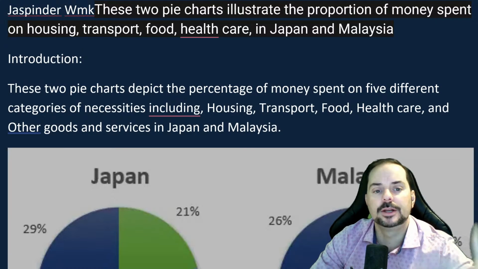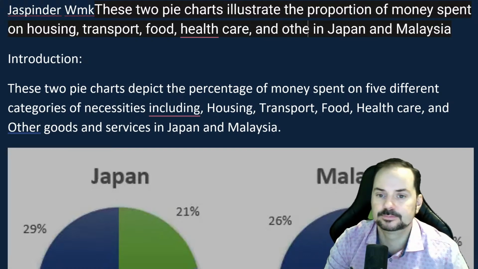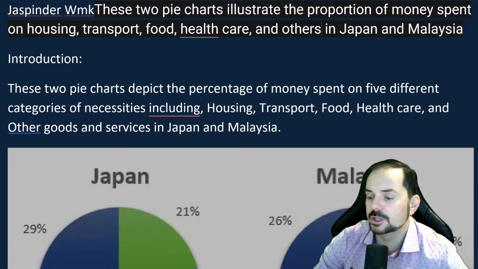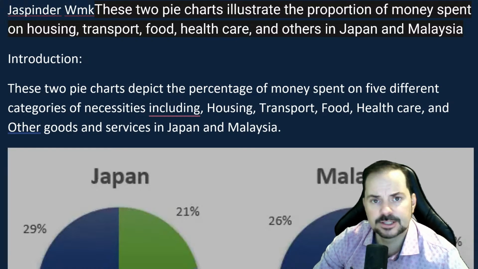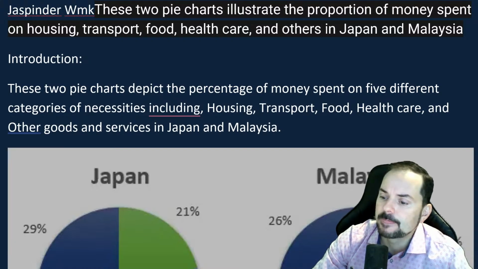You spend money on something. On housing, transport, food, healthcare, and others. Don't forget that category. In Japan and Malaysia. Jaspinder, good. Just a couple of small corrections there. That's about a band 7 without the corrections. It's good.